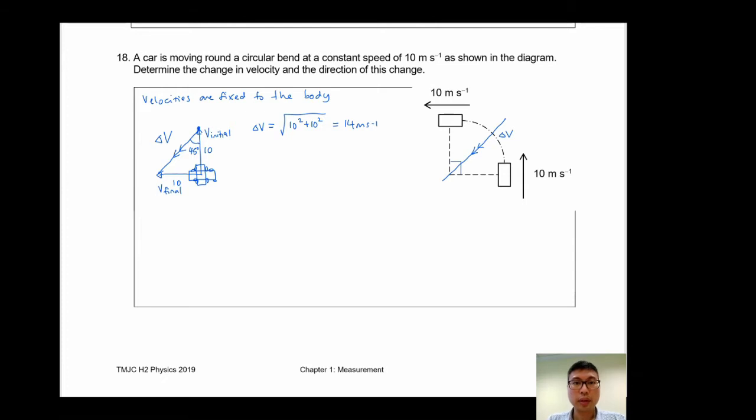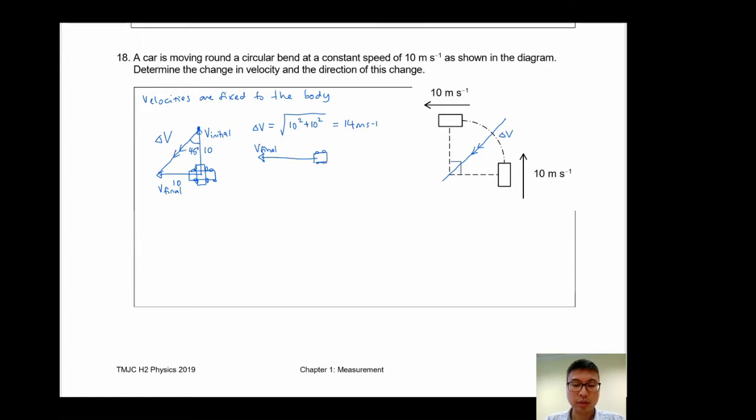Now the other way you can describe it is with relation to the initial or final velocities. In this case, we're going to express the change of velocity in a direction related to the final velocity. So this is your final velocity. This is your car with a final velocity.